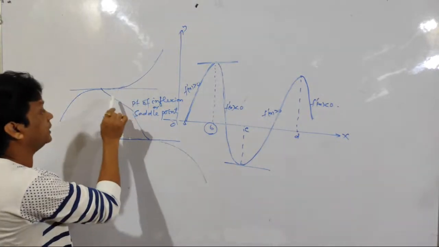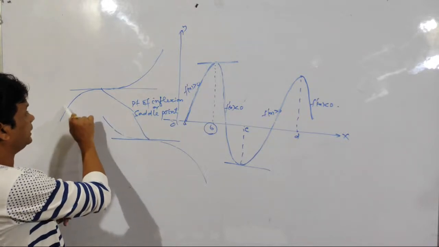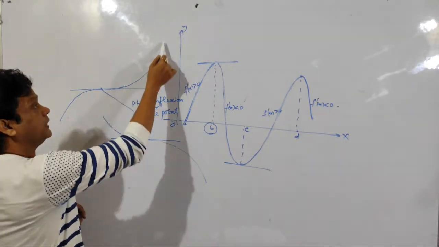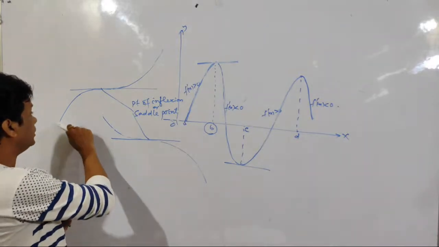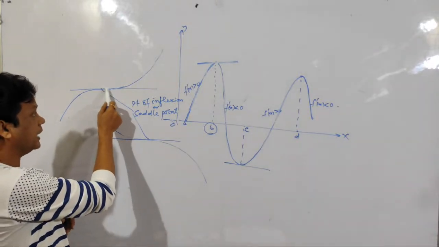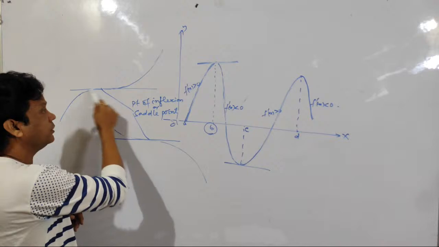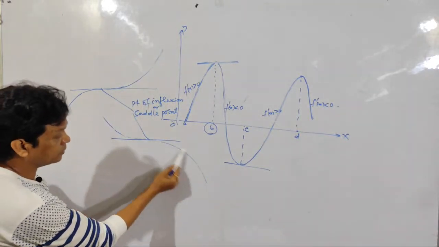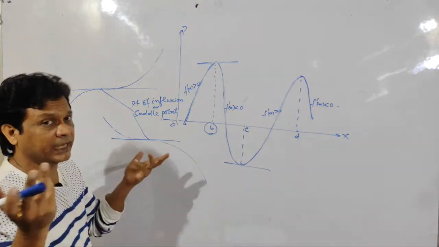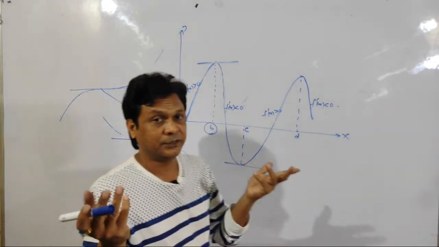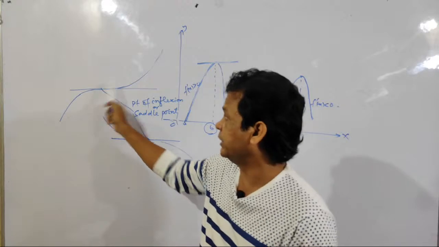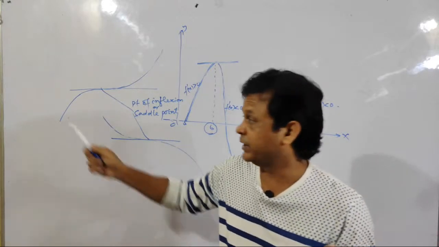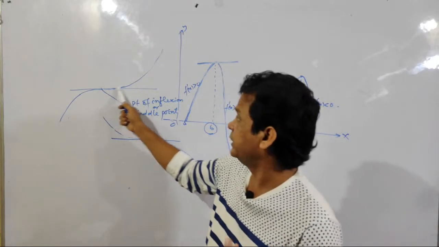But in this case, from this to this it is increasing, and then also it is increasing. Continuously it is increasing. And here it is decreasing, and then also it is decreasing. There is no change in sign. Here the sign of the derivative does not change, because increasing means positive, here also positive.